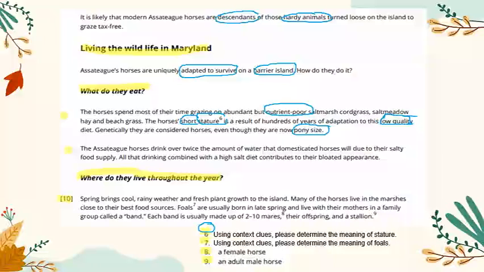Next paragraph says the Assateague horses drink over twice the amount of water. That's a lot of water. That domesticated horses will, due to their salty food supply. Oh, interesting. All that drinking combined with a high salt diet contributes to their bloated appearance. So bloated basically means that you look kind of puffed up, kind of like a balloon.